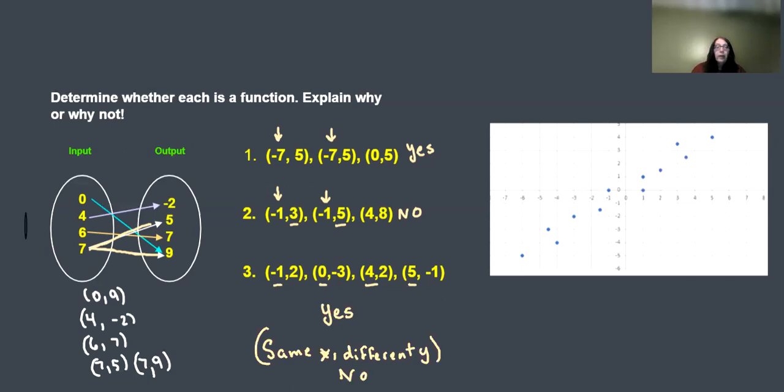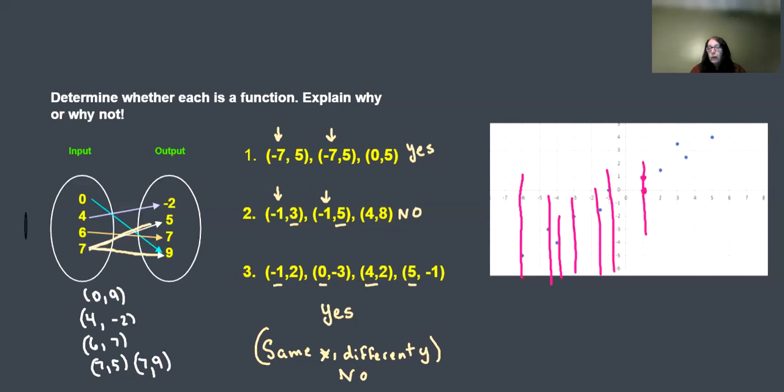Let's take a look at the next one. We have a graph. So ding, ding, ding, ding, ding. Right away, you should be thinking, let's do the vertical line test. So when I draw a vertical line through the dots, does the vertical line cross more than one dot? Well, right here it does. It crosses more than one.